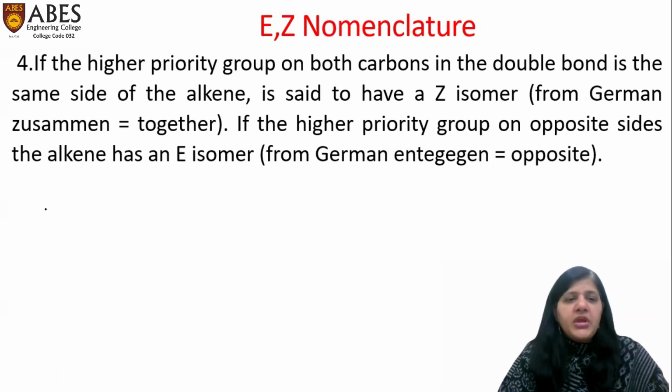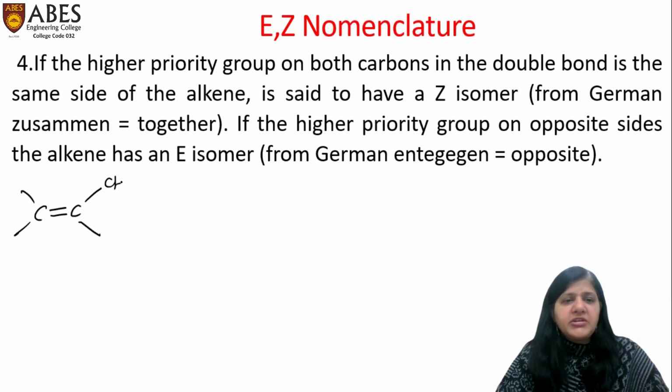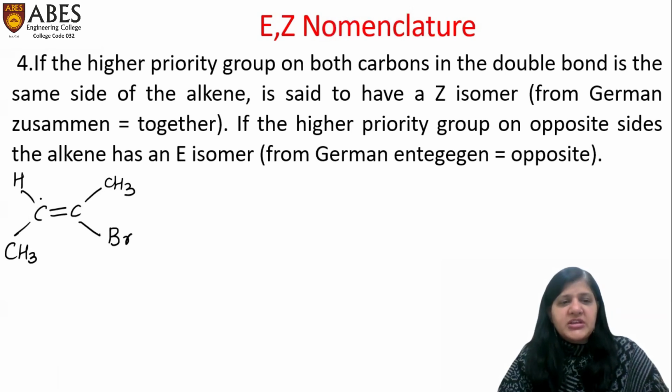For example, this molecule has four different groups. Now, in this situation, both the groups present on the first doubly bonded carbon atom are assigned priority on the basis of atomic number.